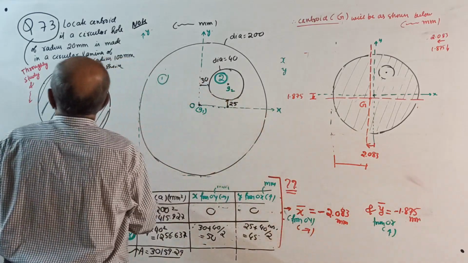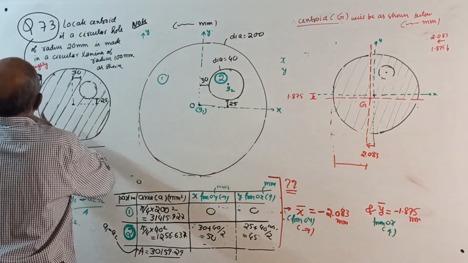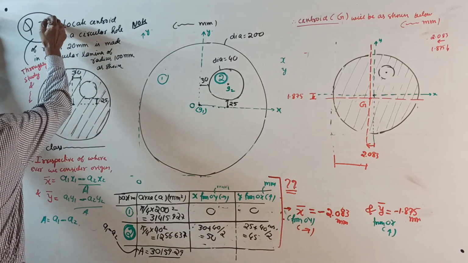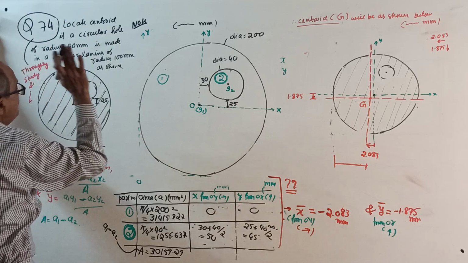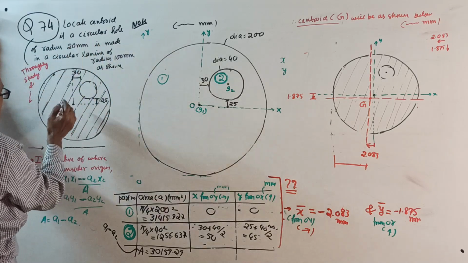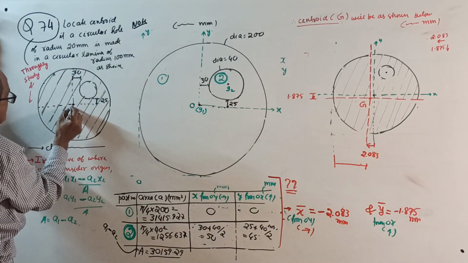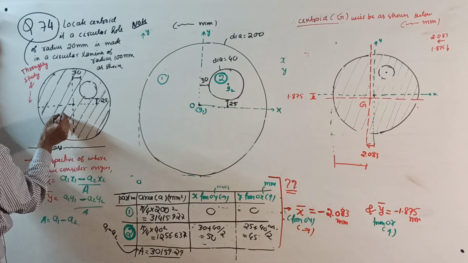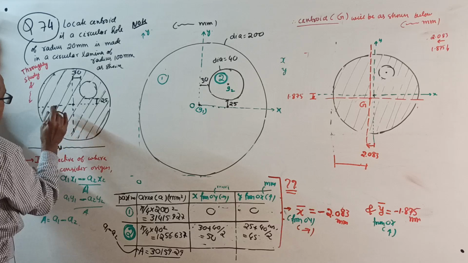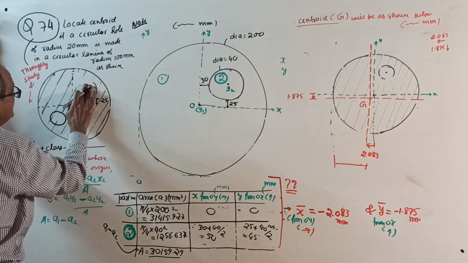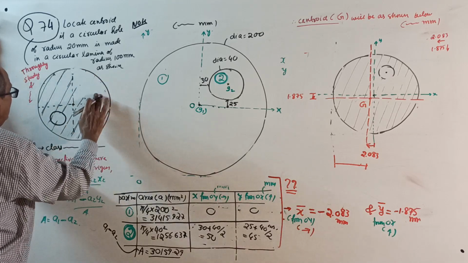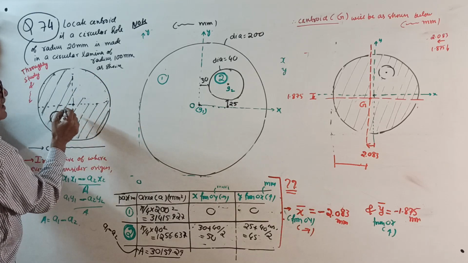Now, question 73 over. Question 74, see what I am doing. Same question. The circle is removed here. See, this is a removed circle. Same question. See how much I took there?